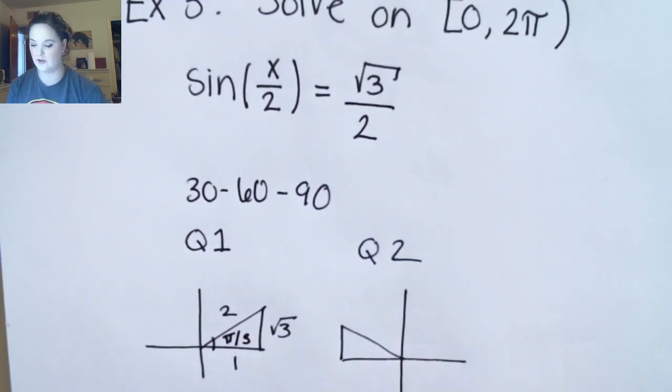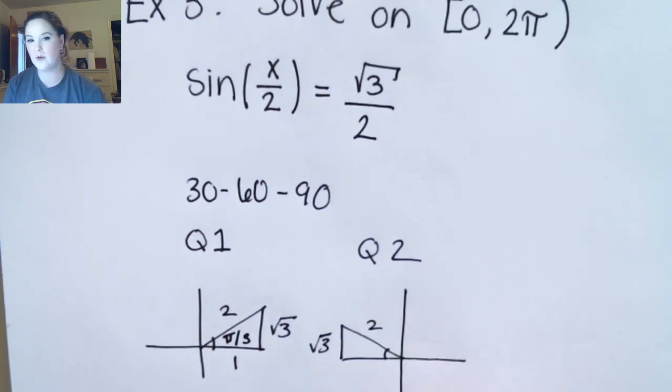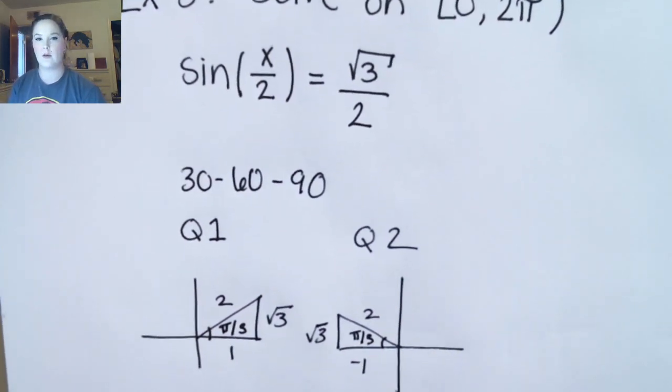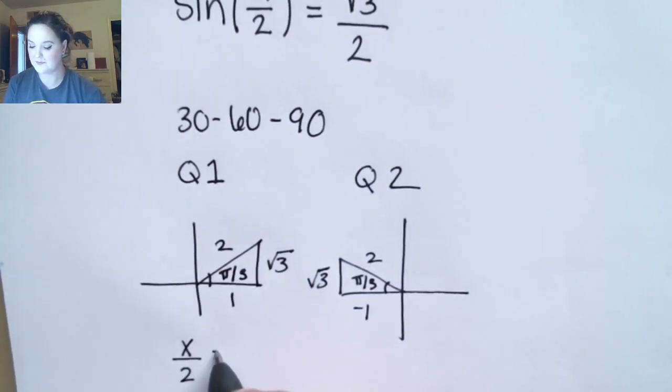Larger side, larger angle. And here we're going to have the same thing, root 3 over 2, the side would be negative 1, and our reference angle would still be pi over 3.